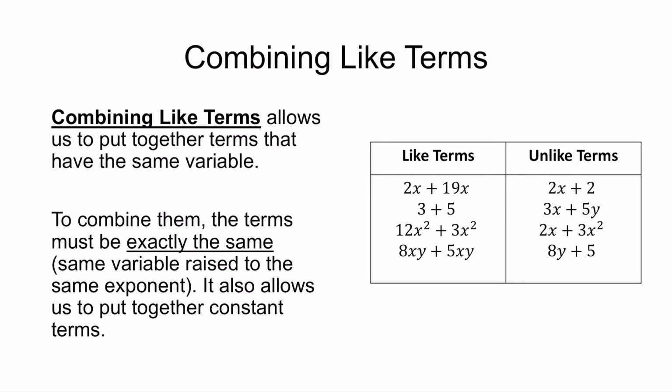So let's look at this chart and look at our column with unlike terms and see why they cannot be combined. So for example, we have 2x and 2. 2x is a variable term and 2 is a constant term.